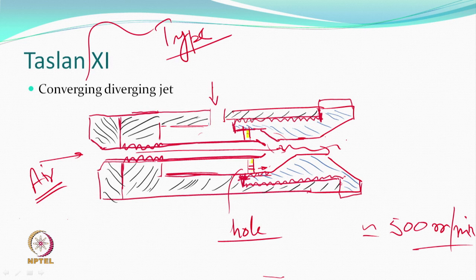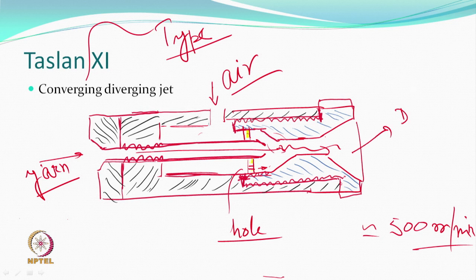No, I am sorry, the yarn, like type 10, is coming in the same direction, the air is entering at right angles. They somehow realized that a diverging jet is a good idea.